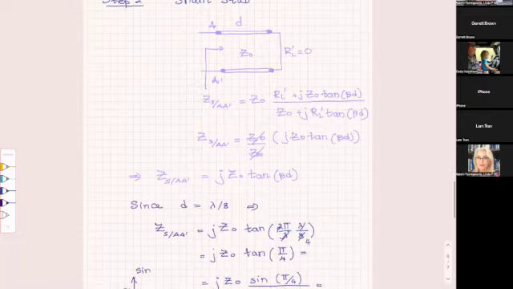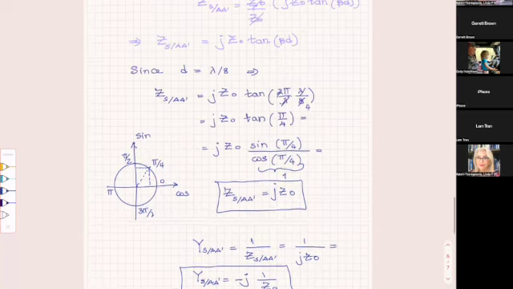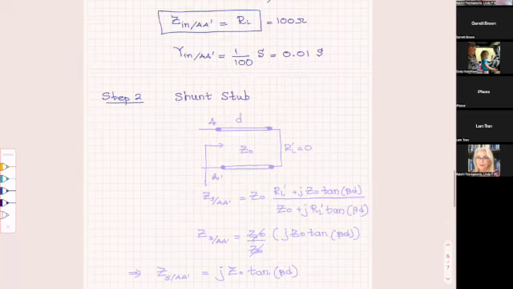So Y sub S at A prime is minus j 1 over 50, which is minus j 0.02 Siemens.